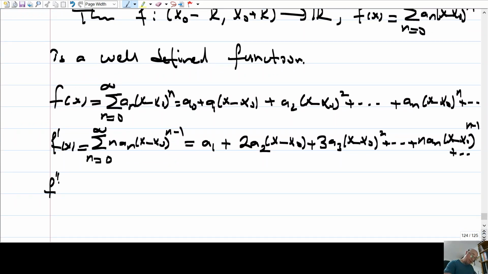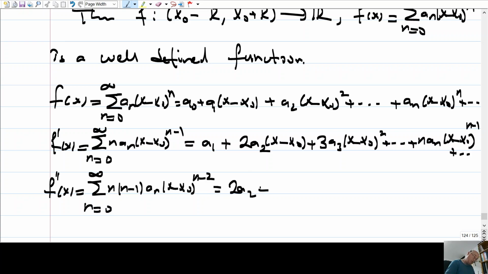And what about the second derivative? Well, that will be n times n minus 1 times an x minus x0 to the power n minus 2. So it will be 2a2 and 6a3 x minus x0, and here n times n minus 1 times x minus x0 to the power n minus 2, and so on.